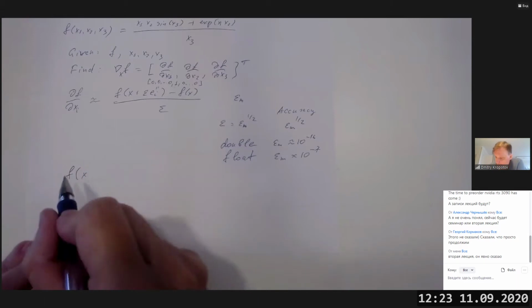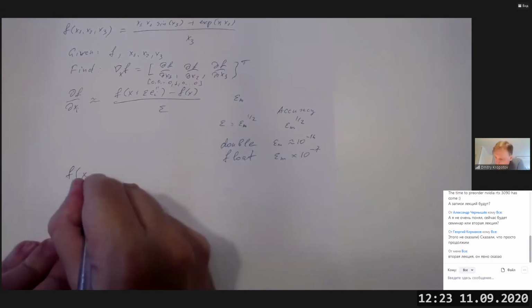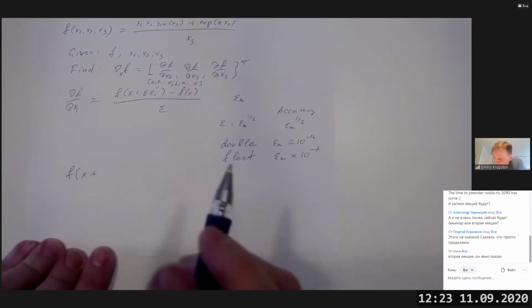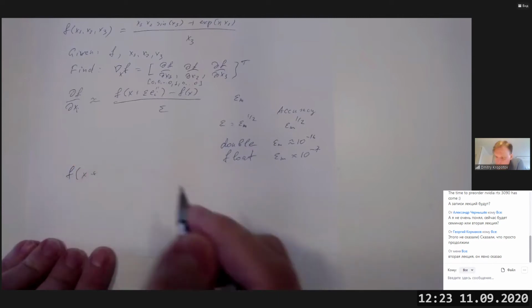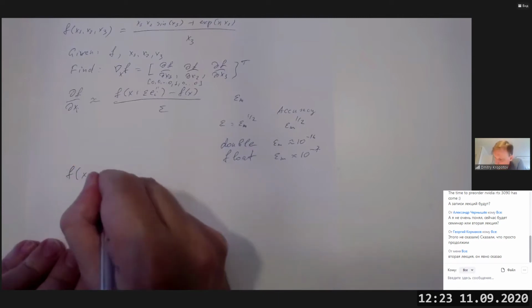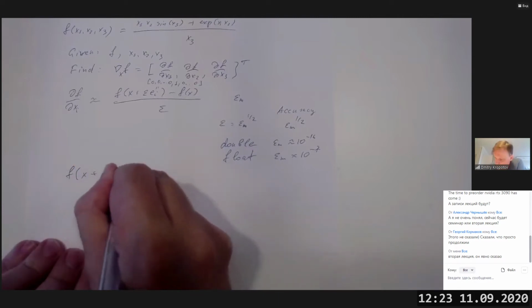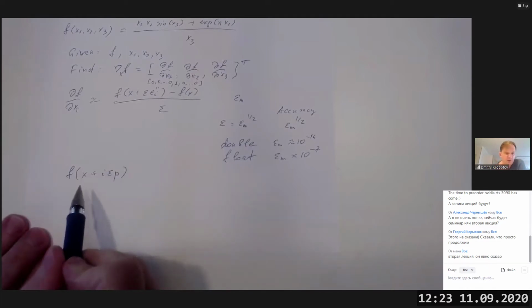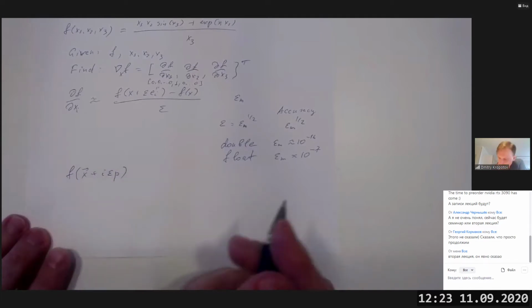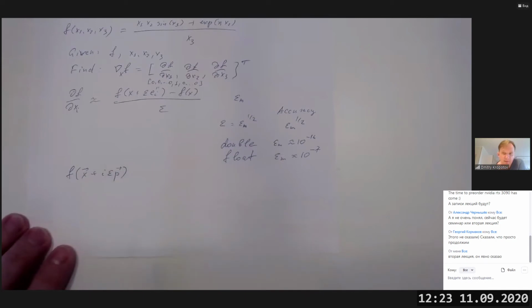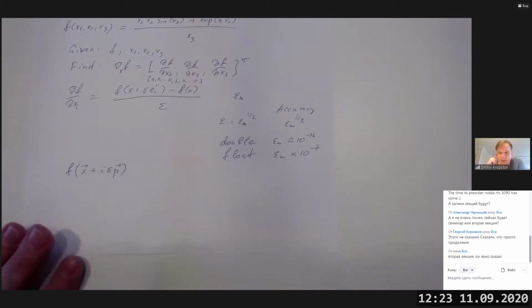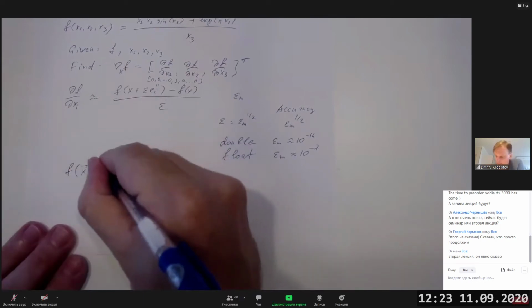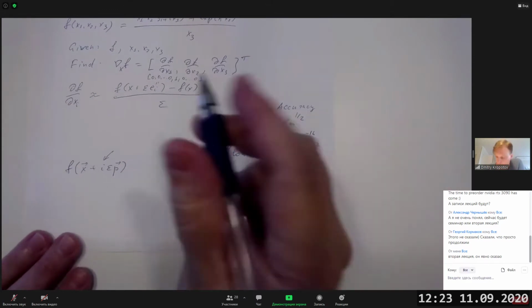So we have our function f of x, and consider this function at the following point: x plus i epsilon p. Here x is some vector, p is some vector, epsilon is a small number, and i is the complex unit.